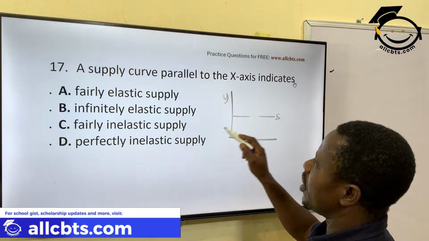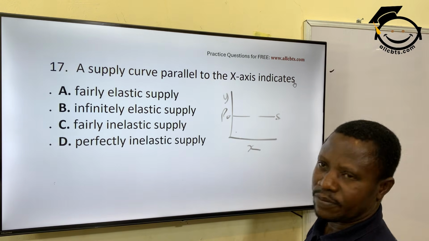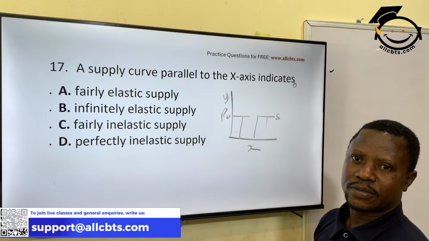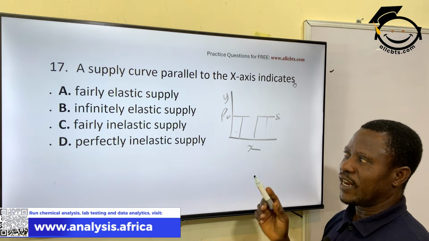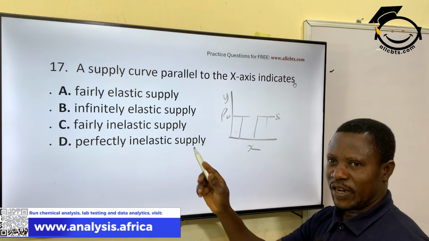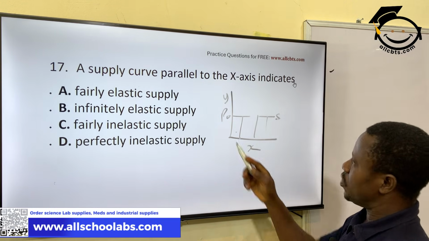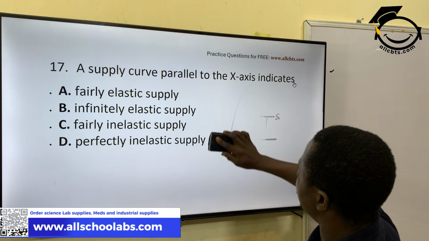The answer is infinitely elastic. Why? The price still remains the same. Price is not changed, but supply can be changing. It's the supply that is changing. Are you with me? So that's infinitely elastic. That is, the end of elasticity is not known. The length of change is not known. It just goes like that. Option B is the correct answer.